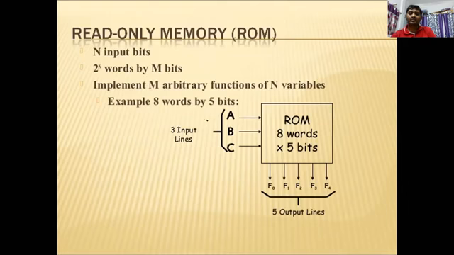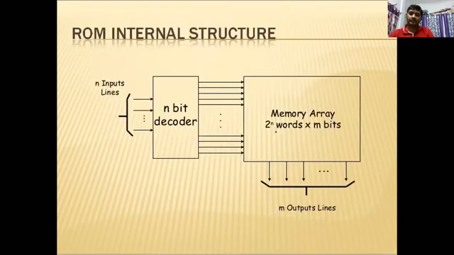Coming to the structure, it will look like this. It has n inputs and 2 power n words by m bits, to implement m arbitrary functions of n variables. See this structure.